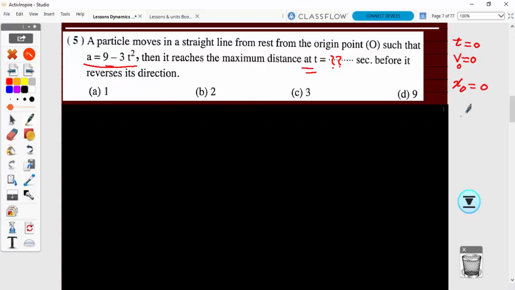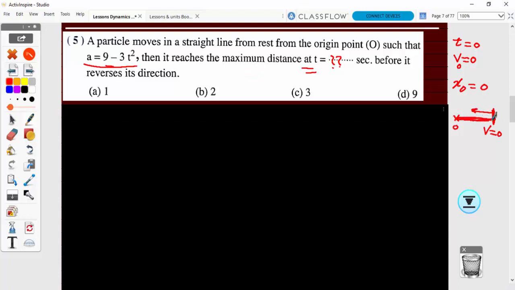So imagine that the particle starts from here when x equals 0, moving in this direction, and then here it will reverse back. What is the value of v at this point? At this point v equals 0. So here it reaches the maximum distance.